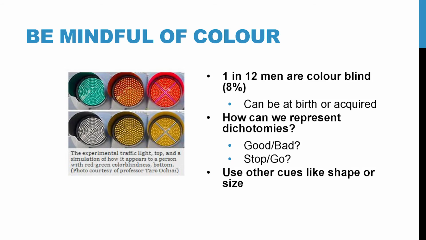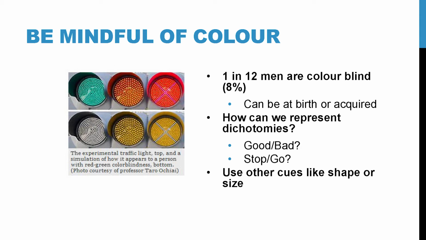And the way they describe it is that what we define as green appears to them slightly more blue than what we've defined as red. So in that case, I would say blue equals good, orange equals bad. And if you want to completely avoid that altogether, add some other contextual cues like shape, a cross for bad, a check for good. Or in this case, in the traffic lights here, they actually have an X on the stop. So if you're colorblind, you'll actually know you have to stop.